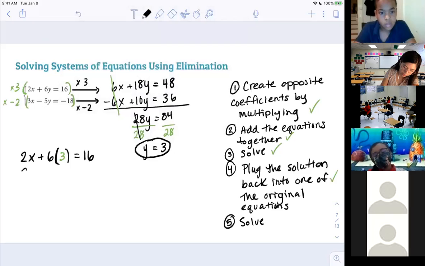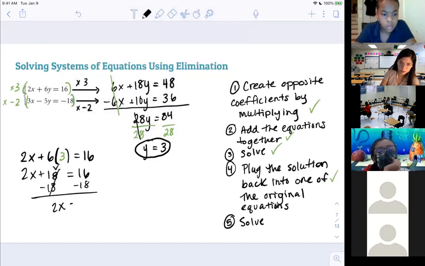Okay, so that's 2x plus 18 equals 16. Subtract 18. That gives me what? Good, -2. Divide by 2 and I get x equals -1. Very good. Solution?